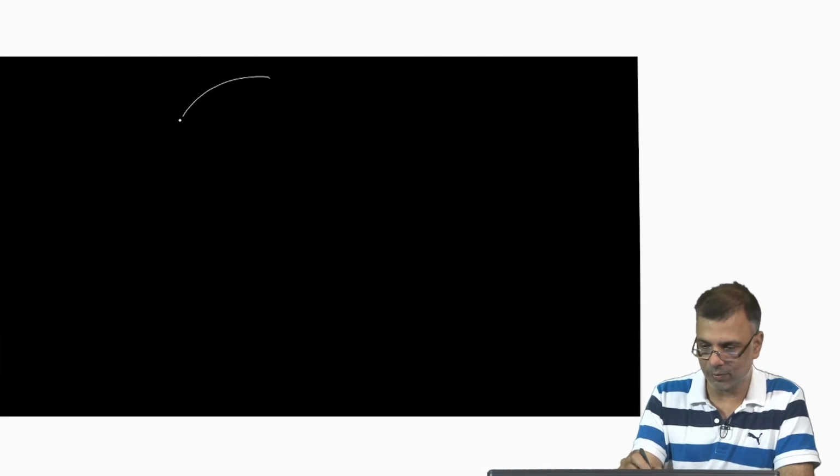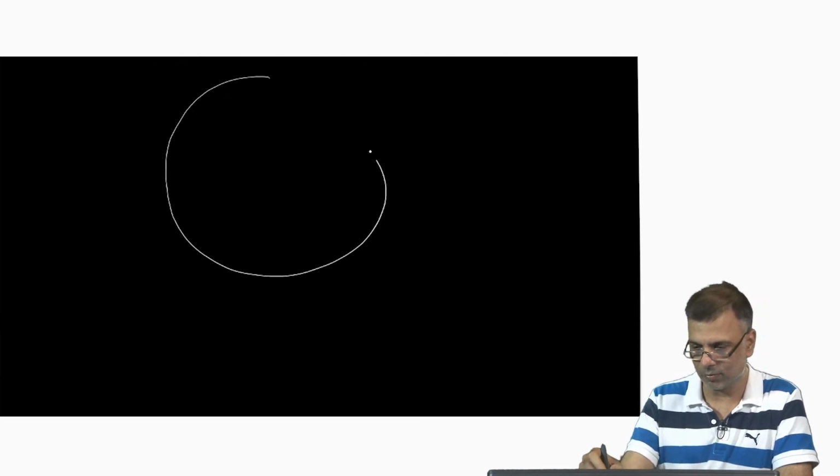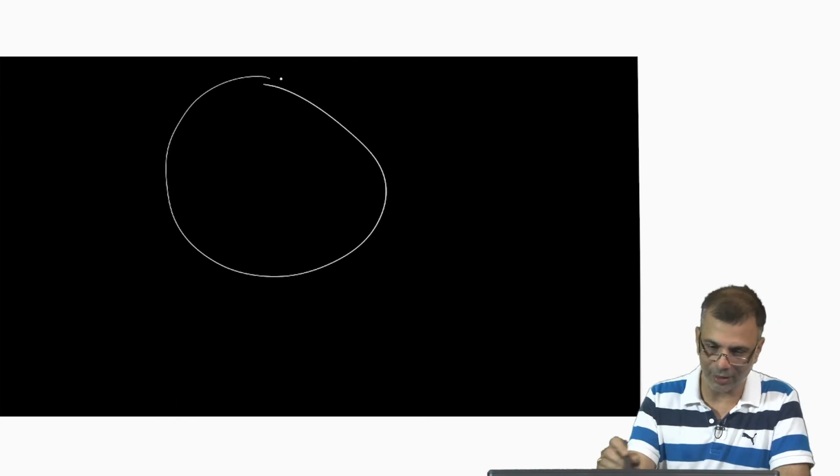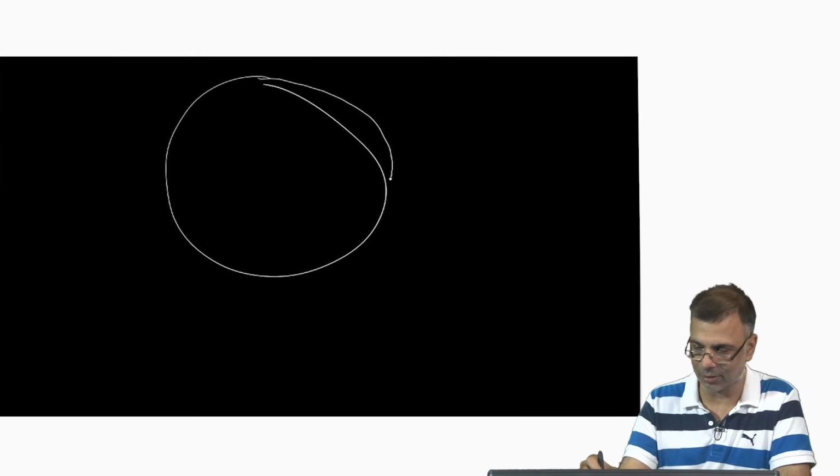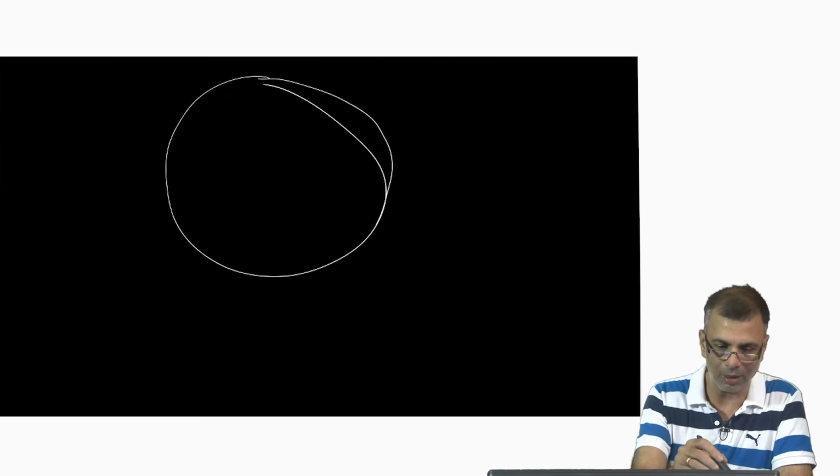So let us look at a pictorial idea of how the solar dynamo might possibly work. Let us draw a cartoon of the Sun like so. Sorry, this is terrible, anyhow, something like this.